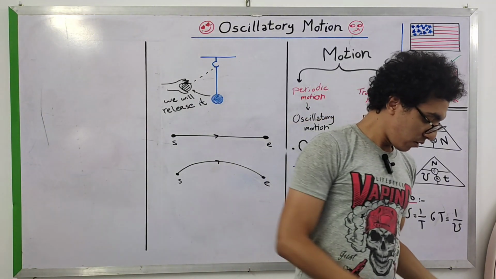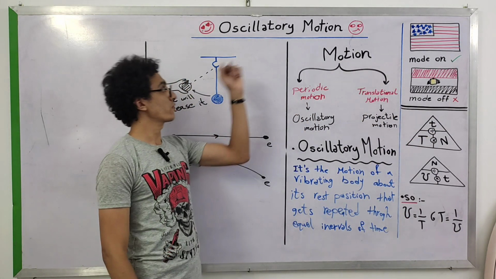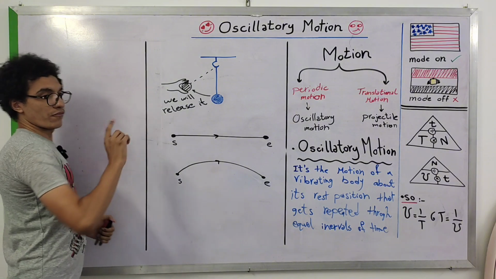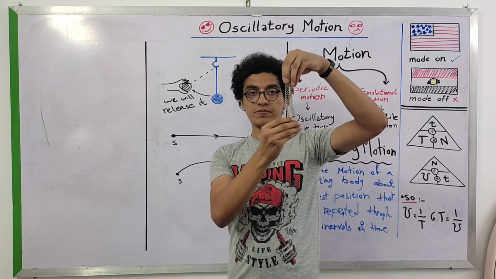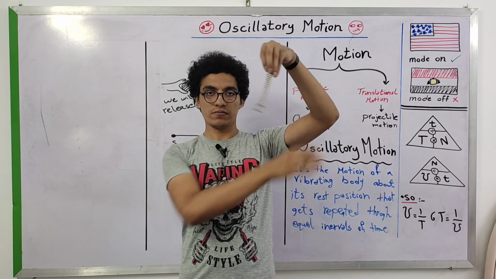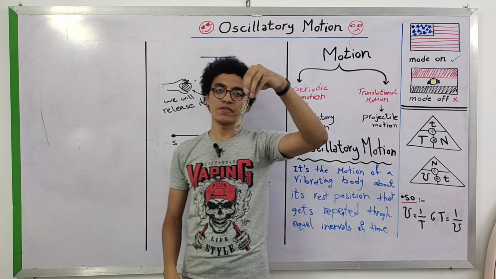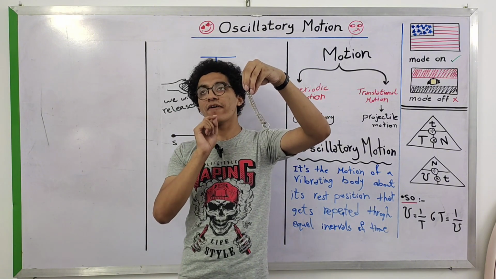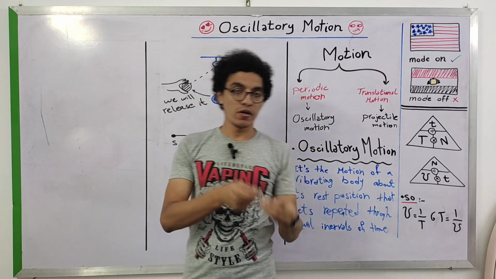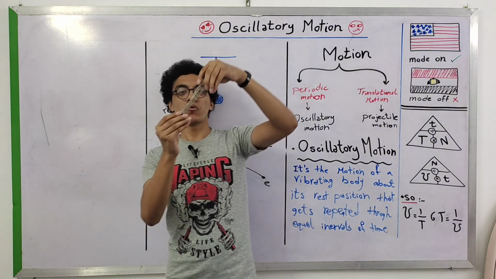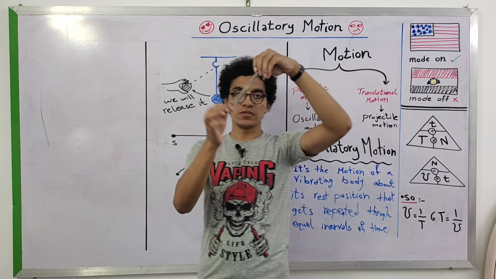Okay, we will go through some concepts about oscillatory motion. First of all, if we push it like this, the motion will stop after a period of time. Why? Because we have air resistance. If we ignore air resistance, the motion will repeat itself until the end and will not stop.